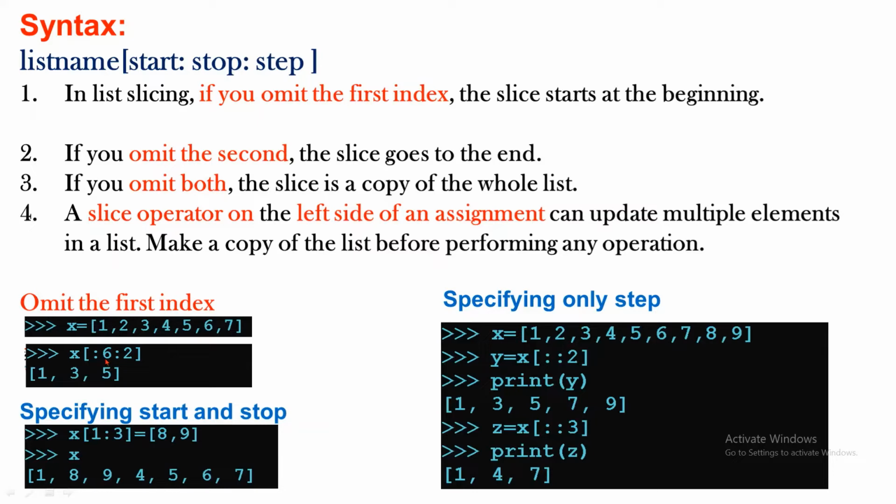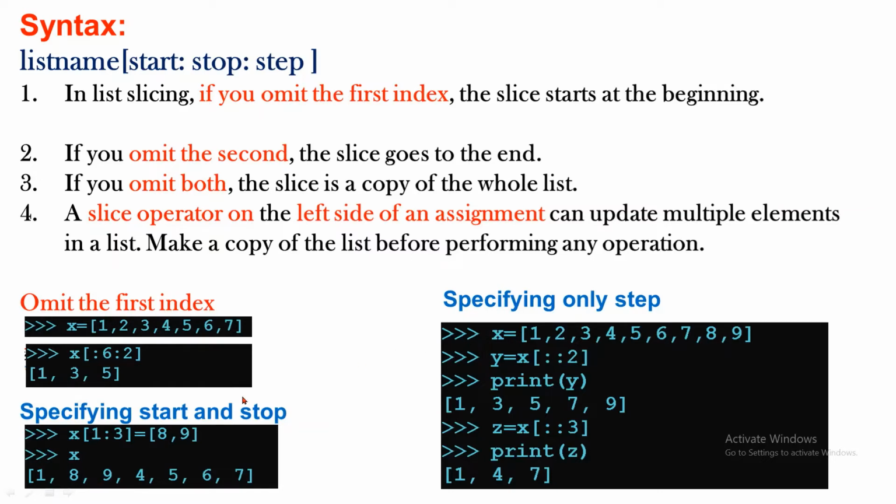So it will go till the element with the index 5: 0, 1, 2, 3, 4, and 5. Element with the index 5 is 6. So it will go till 6, and it will jump in terms of 2 elements. So from 1 to 6, it starts with 1, jumps 2 elements, and then it goes to 3 and then 5. So 1, 3, and 5 will be the resultant elements of the list.